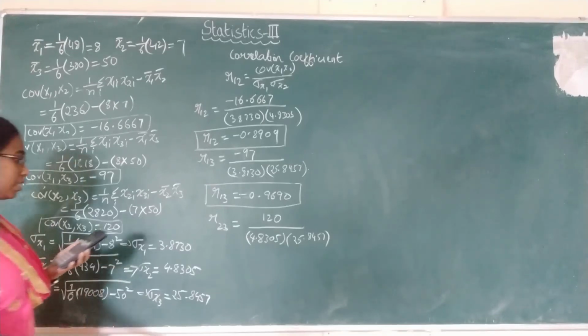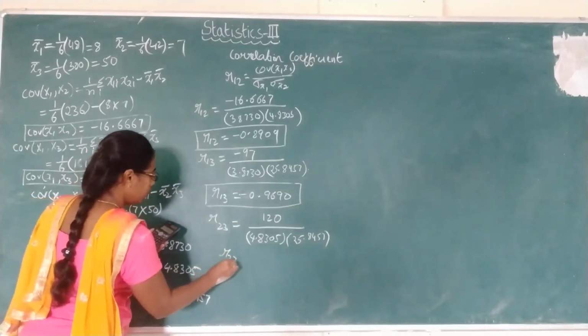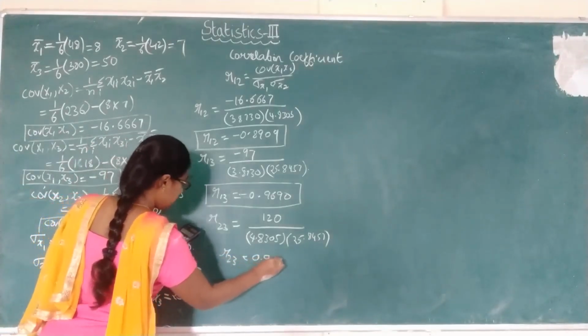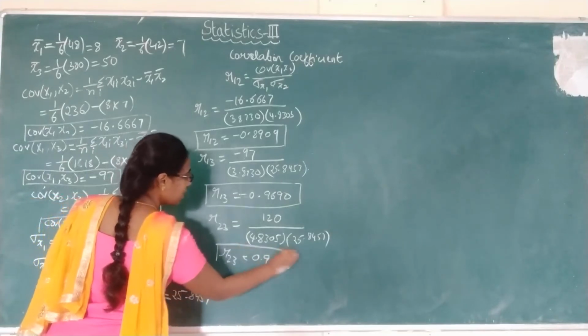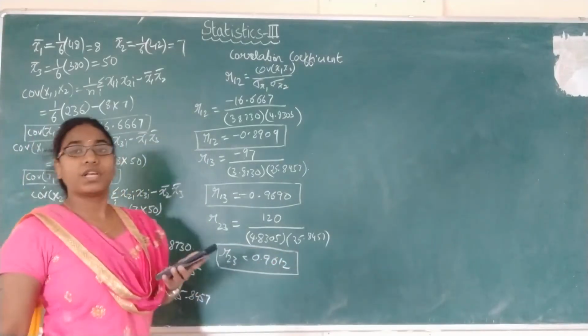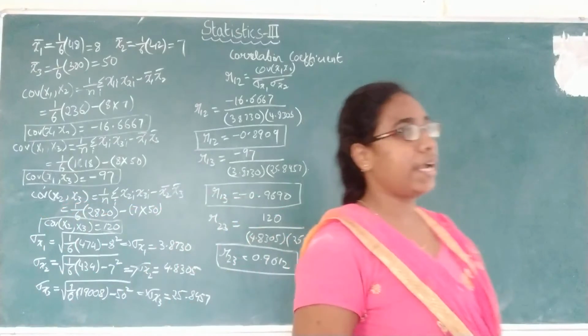The answer is R23 equals 0.9612. So these are the required values of R12, R13 and R23.